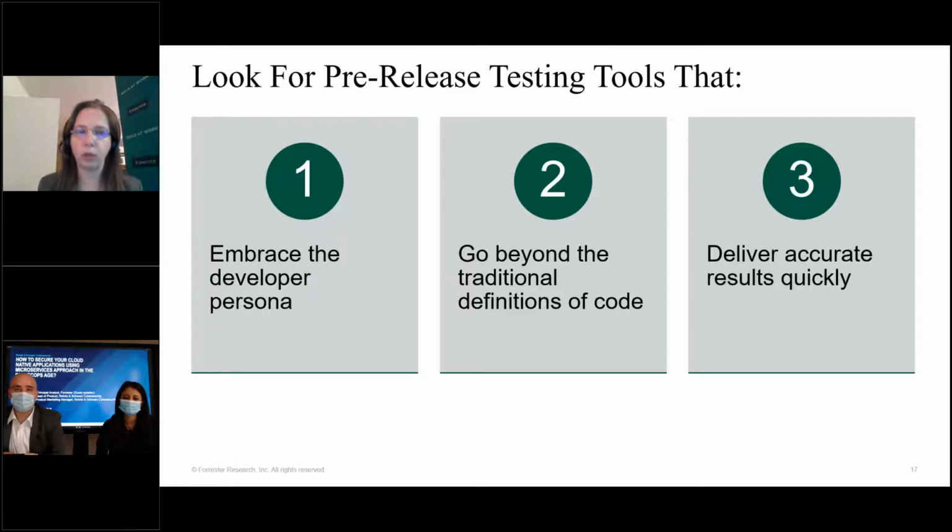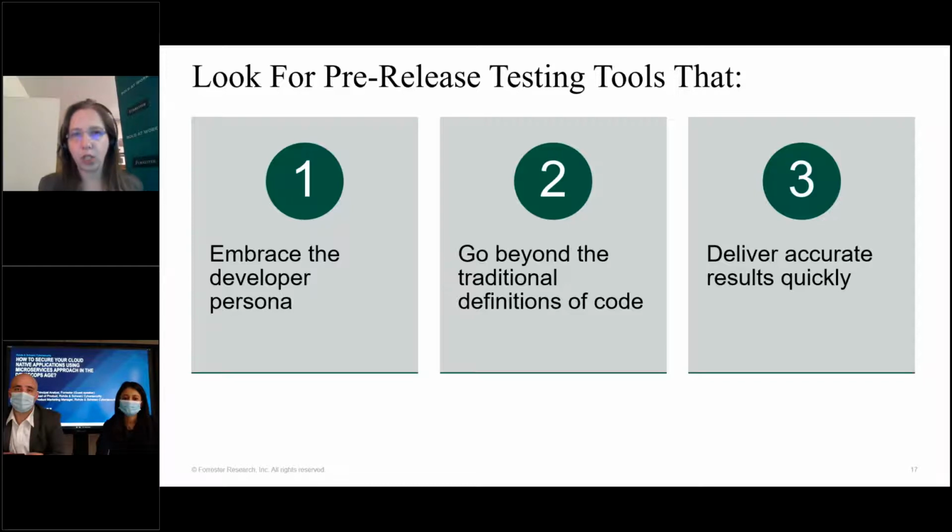So make sure that the pre-release testing tools are, to some extent, future-proofed. If you think you're going to be getting into a lot more API development, make sure that your testing tools support that. Look for the right set of tooling that's going to allow you to test low-code applications, particularly because a lot of those are built by citizen developers that aren't working within a standard CI/CD pipeline. So you may have to look at low-code testing a little bit differently.